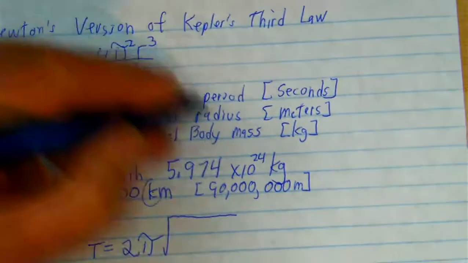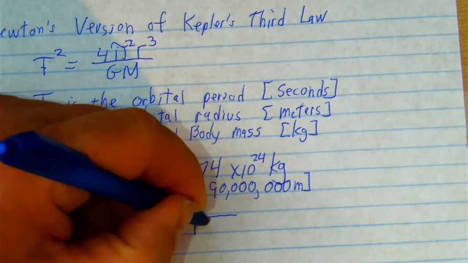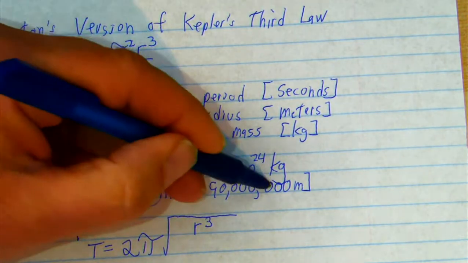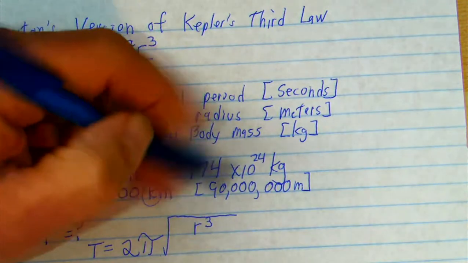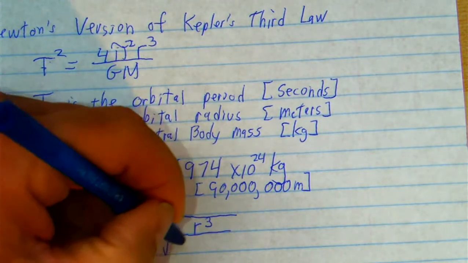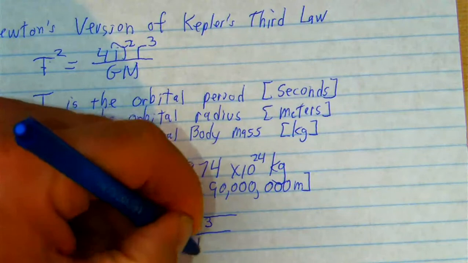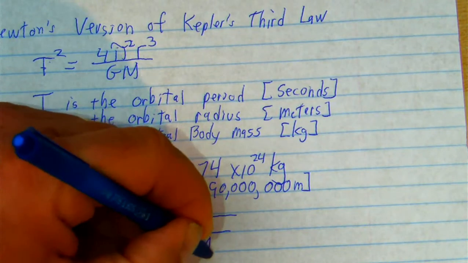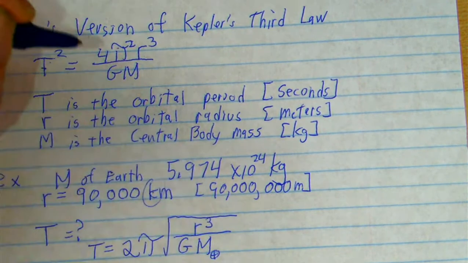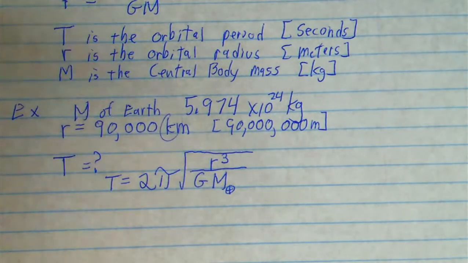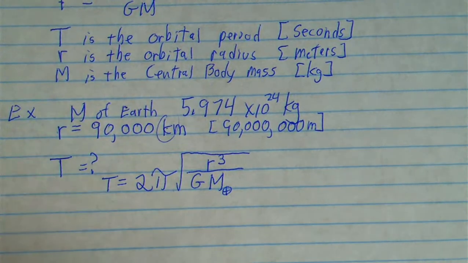It's going to have to be r cubed, where r is in meters, cubed, divided by g, divided by the mass of the Earth. And by the way, there's the astronomical symbol for the Earth. Astrological symbol, maybe as well. All right, calculate, please.